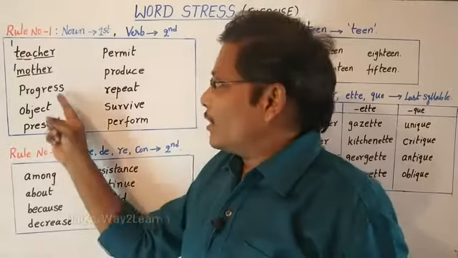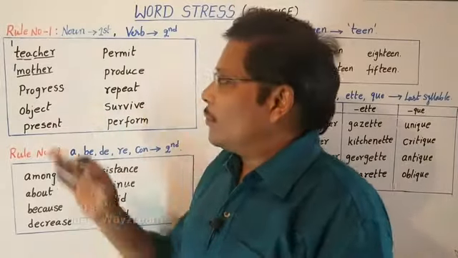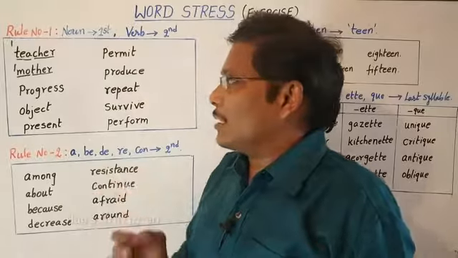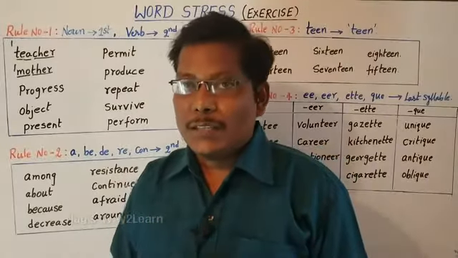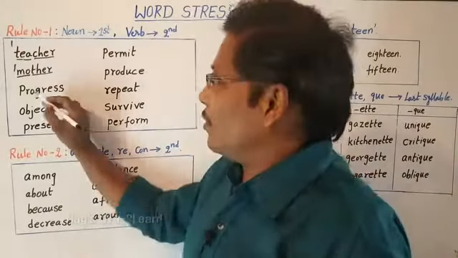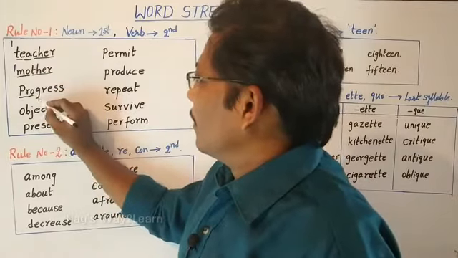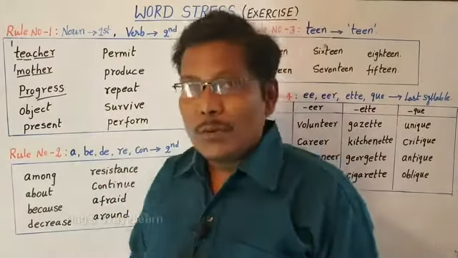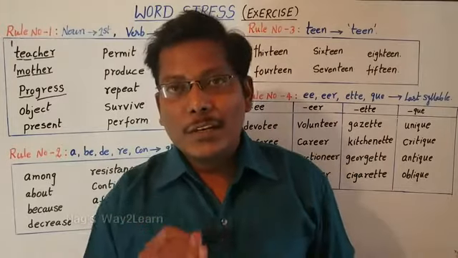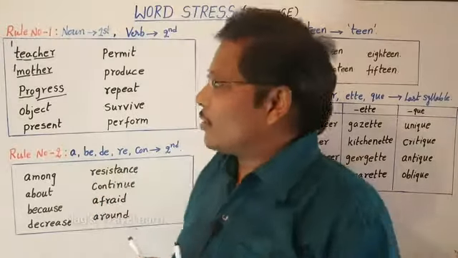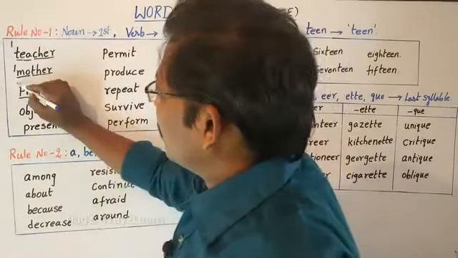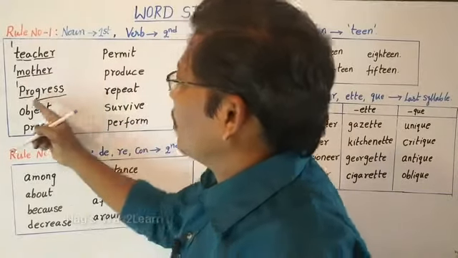Now you see this word, progress, P-R-O-G-R-E-S-S. There are 2 syllables in this word, pro and gress. Progress is a noun, so the stress mark should be put on the first syllable, pro.